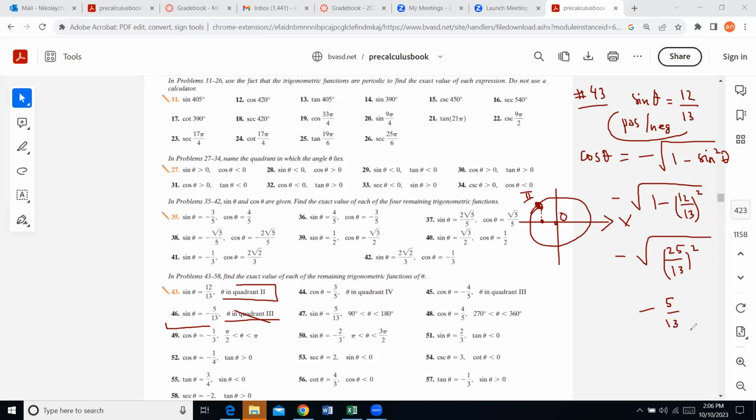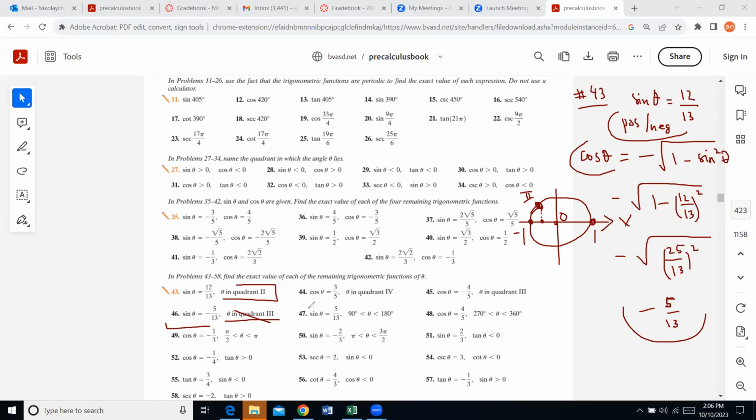One thing to realize is that these values for sines and cosines are always less than 1 in absolute value. In other words, if it's a fraction, its numerator is smaller than its denominator. It's never bigger than the denominator, because if it were bigger, there would be no solution, because sine and cosine are both between plus and minus 1.